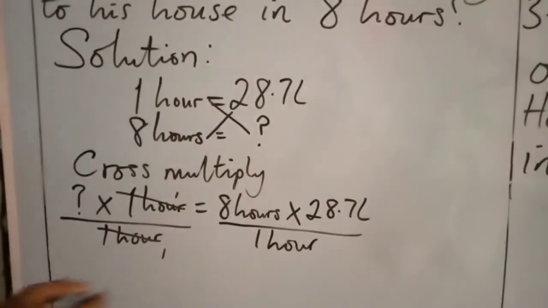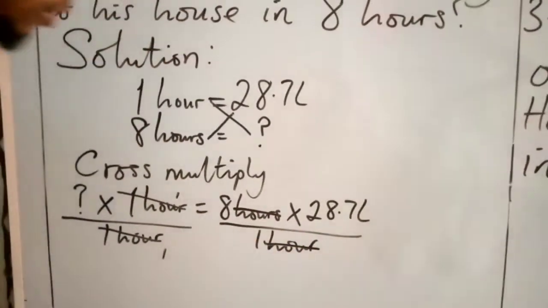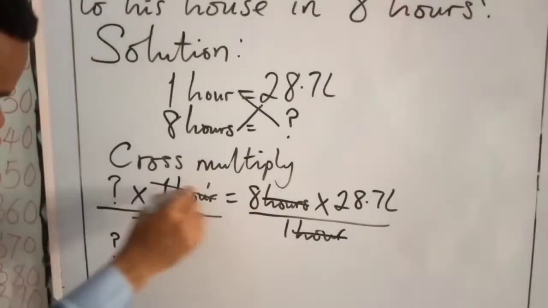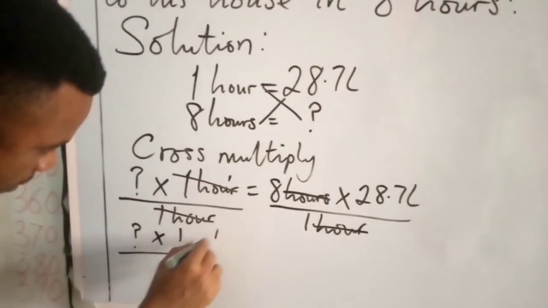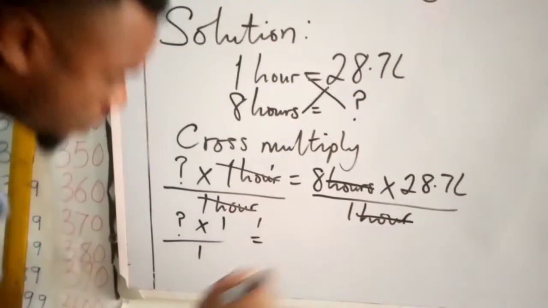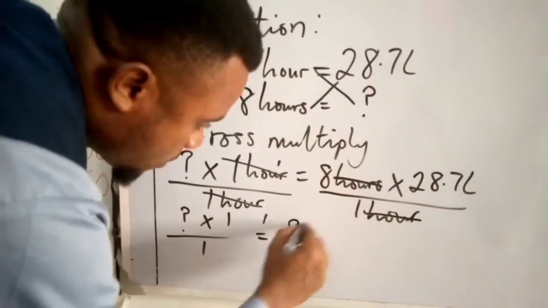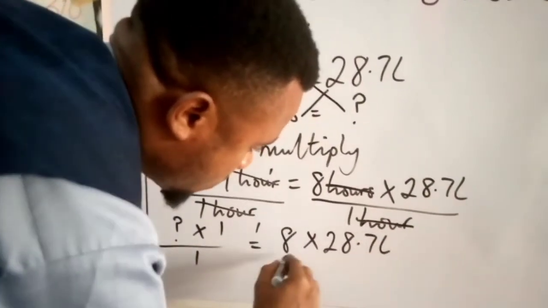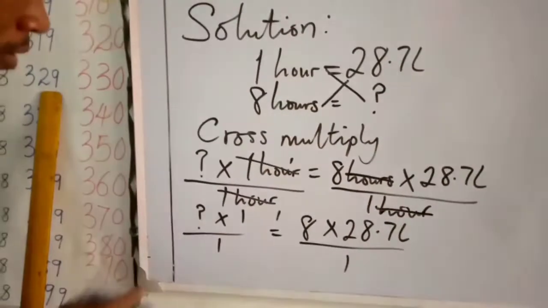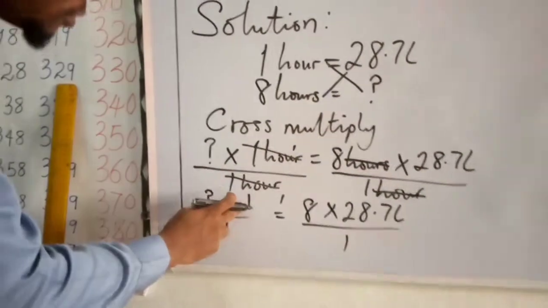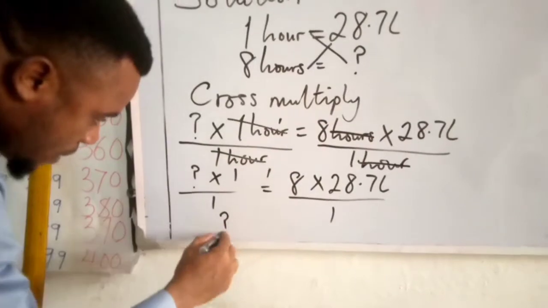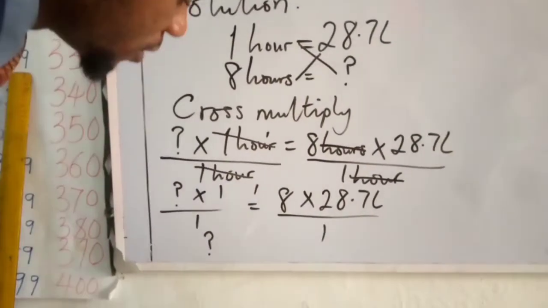What is identical here? Hour. So remember what we have left: unknown times 1 all over 1 is equal to 8 times 28.7 liters all over 1. Unknown times 1 is the unknown, divided by 1 remains the unknown. Remember, anything times or divided by 1 remains that thing.